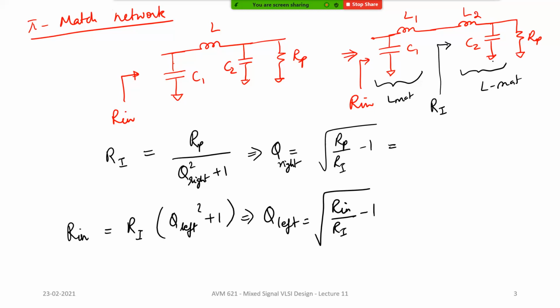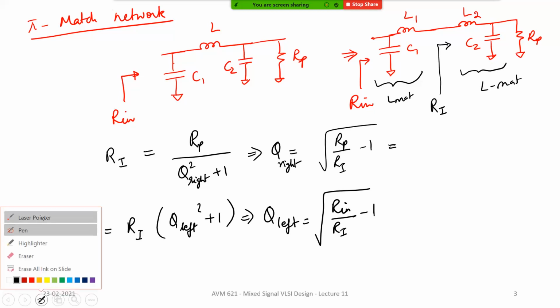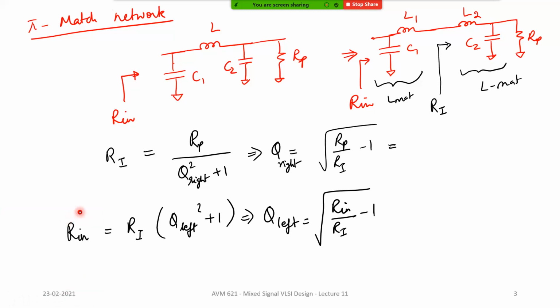If you look at this particular part, it is C2 and Rp in parallel. For a parallel RC network, what is the Q? It is omega naught C2 into Rp. So that is the Q.